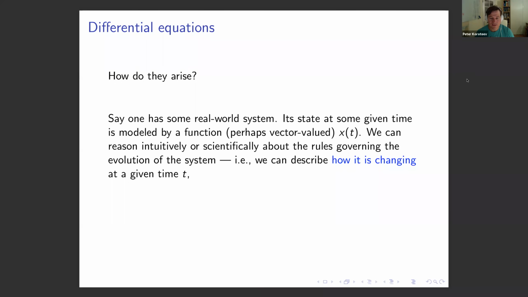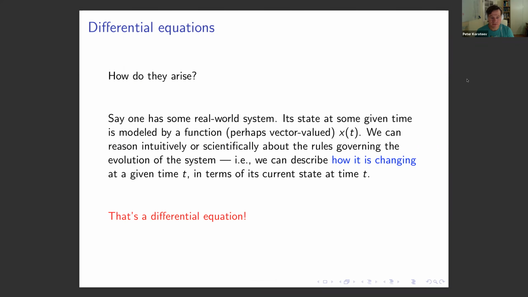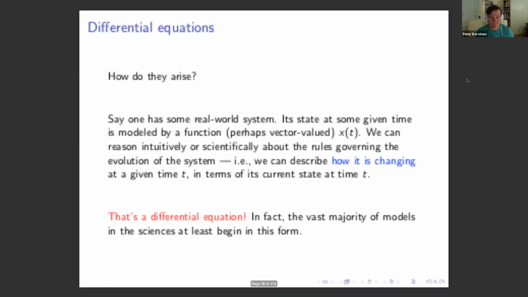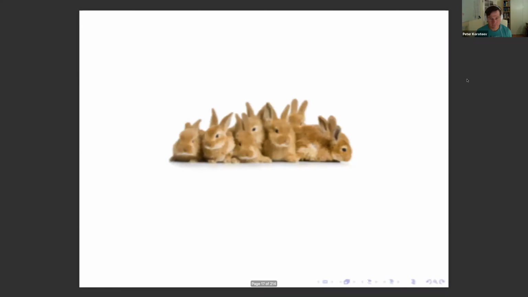In other words, we can discuss how it's changing with time in terms of current state and as a function of time. And that's the differential equation. In fact, the vast majority of models in sciences, all kinds of sciences, physics, biology, etc., can be formulated in this form via the differential equation.